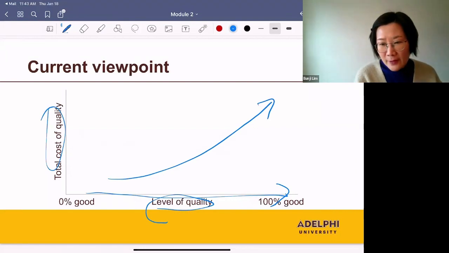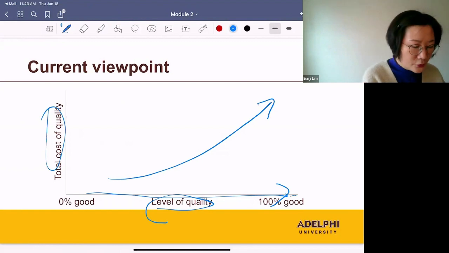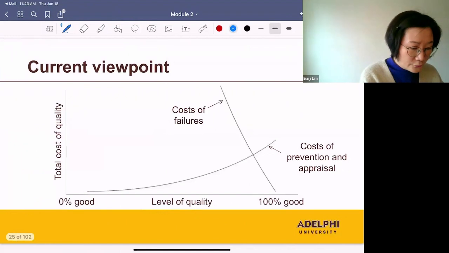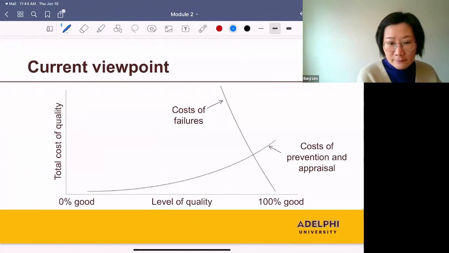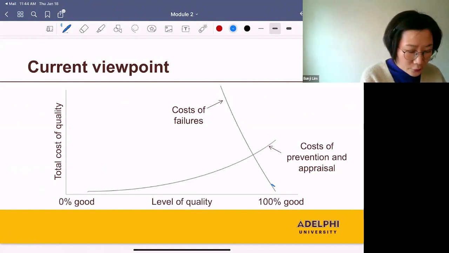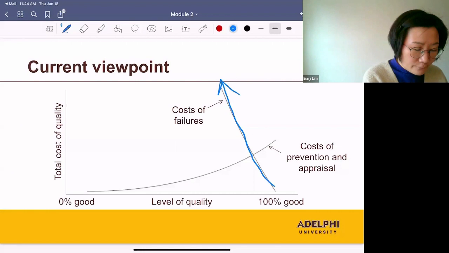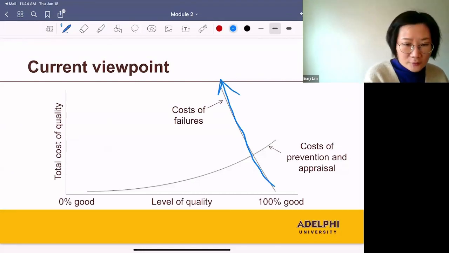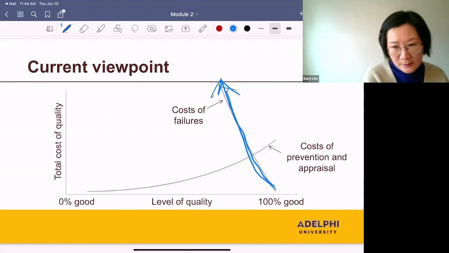How about the failure costs? As you go from here to here, we have more and more defects. So the cost of failure will go up, and they will go up very fast. And because the cost of failure was underestimated before, it should be much higher than we thought it would be.